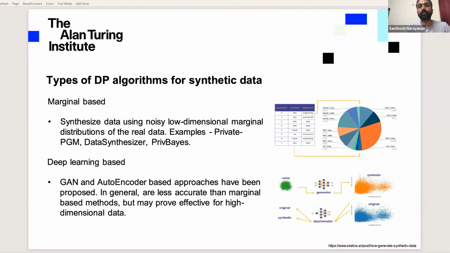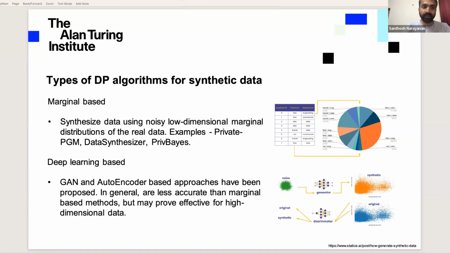There are a number of approaches here, and the core idea is that you preserve the marginal distributions, most likely the low dimensional, maybe 2 or 3 dimensional marginal distributions of the variables in the data. You learn that from the real data, you add some noise to it, and then you reconstruct data, which is what you are left with as the synthetic data.